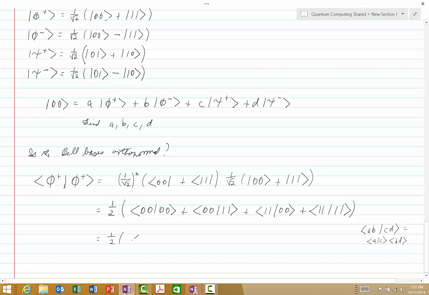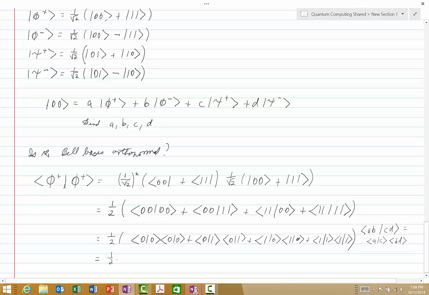So this becomes 0, 0 multiplied by 0, 0. The second one is 0, 1 multiplied by 0, 1. The next one is 1, 0 multiplied by 1, 0. And finally 1, 1 multiplied by 1, 1.